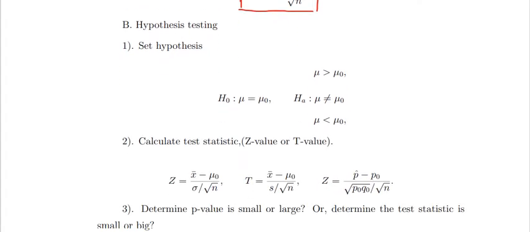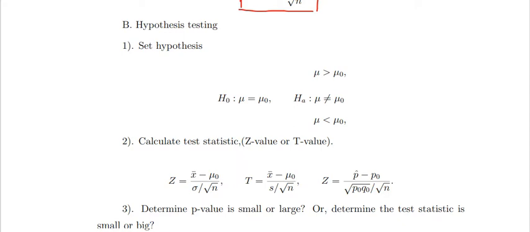So the process for testing: the first step is the hypothesis. The H0 hypothesis is mu equals a number, and this number can be the population's average. So HA can be three options, right?